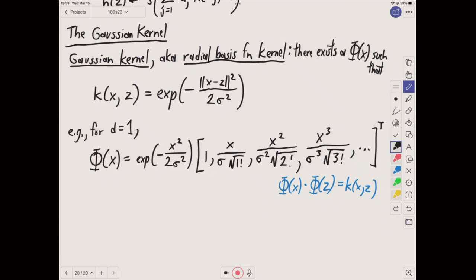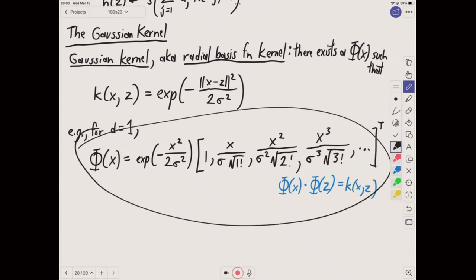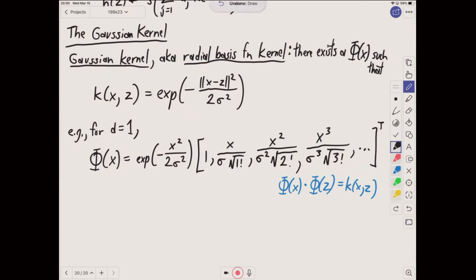It's gone. So this vector here is a curiosity. It doesn't really matter. People who work with Gaussian kernels instead think in terms of the kernel function itself rather than in terms of the lifted points.